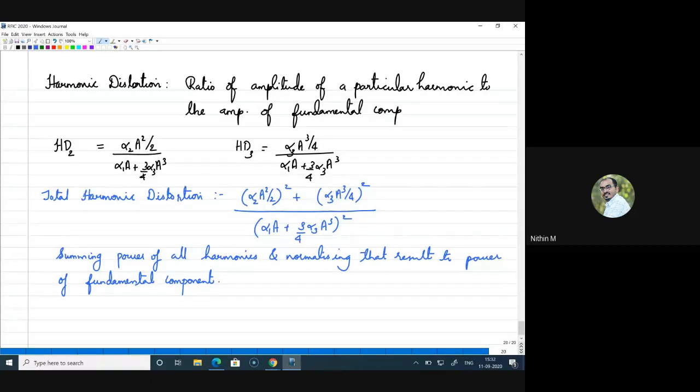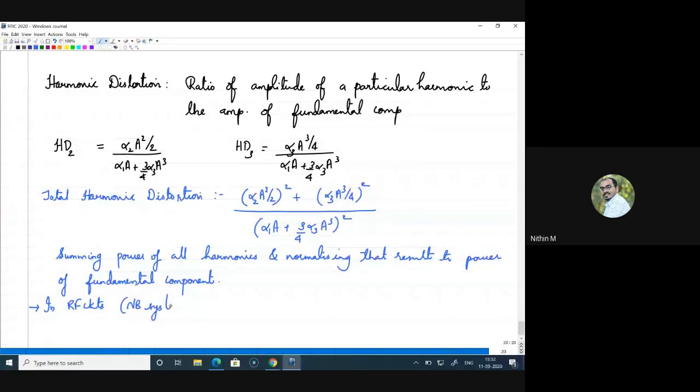Now when you talk about RFIC or RF circuits in general, if you are considering a narrowband system, then definitely harmonics will not have much effect, because the system itself is narrowband, and since your harmonics appear at second, third, fourth multiples of your input signal frequency, they will definitely fall out of your band. This is true in the case of a narrowband system.